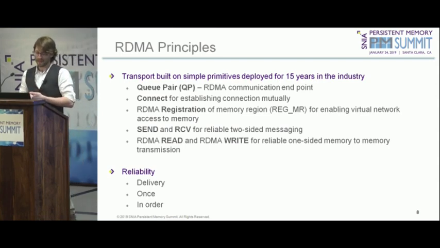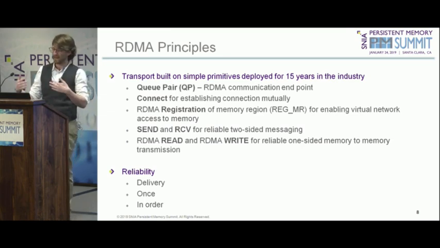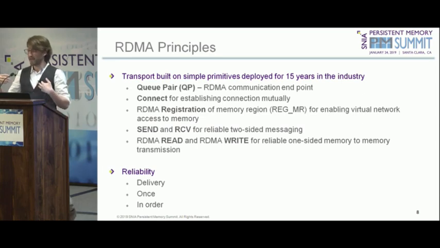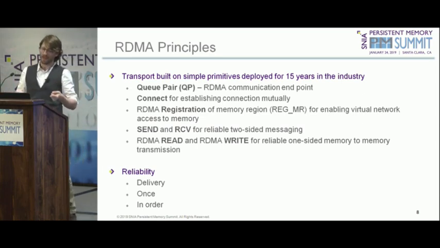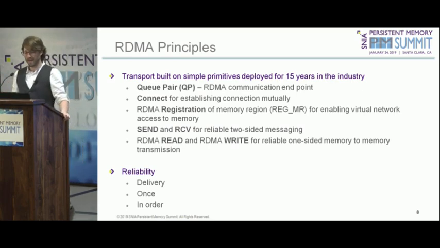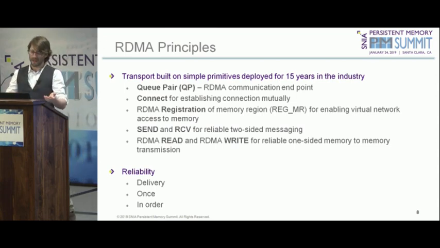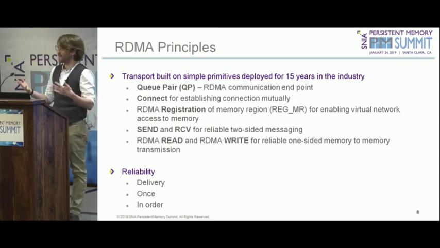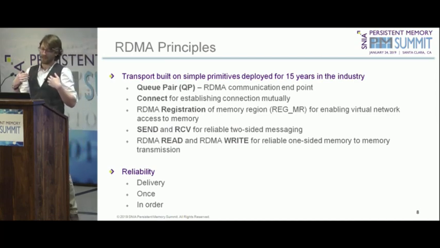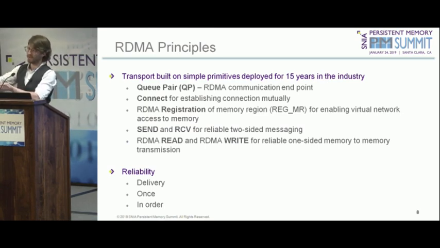The RDMA principles are built on a few simple primitives. One is called the queue pair, which means a connection. Every node that wants to communicate with another node will have a queue pair, and you connect in order to establish this connection. You can register a memory region, meaning I, as an application, can take a part of my memory and tell the adapter this memory can be exposed to remote.